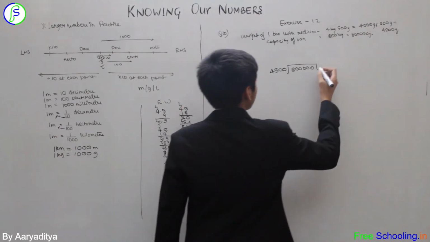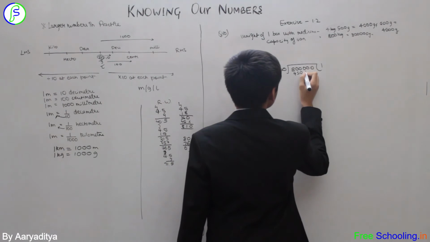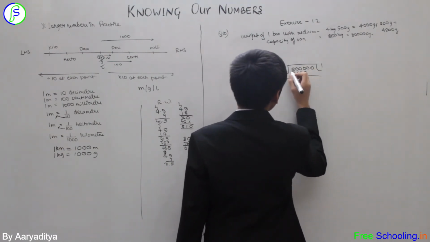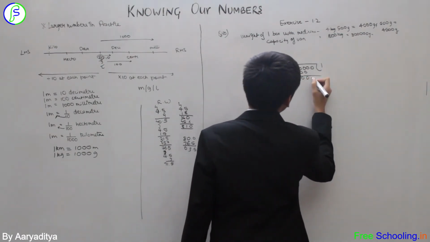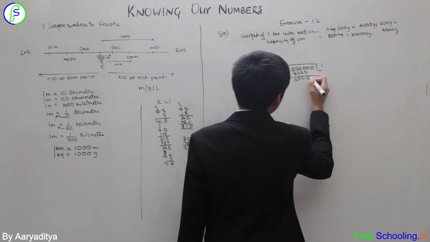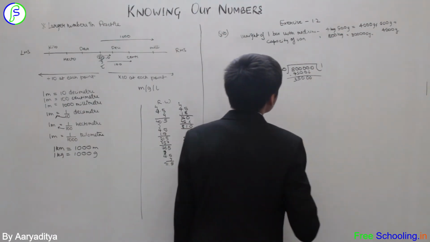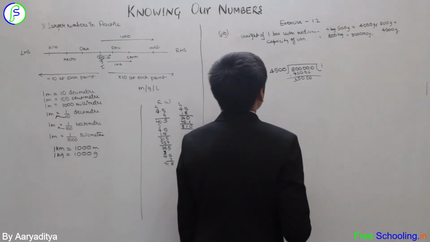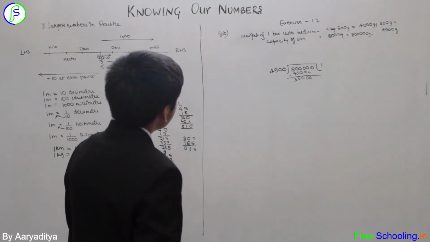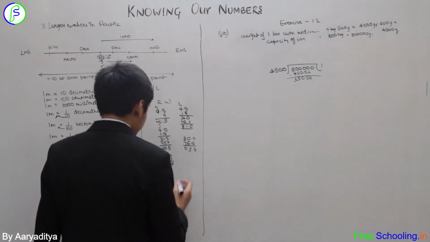Let's start dividing. At first, just take this one, 4500. As this becomes smaller, we just need to carry down one of the zeros from the dividend. Now what do we need to do? Let us try this with 8.